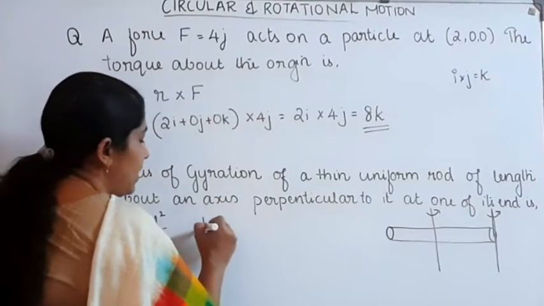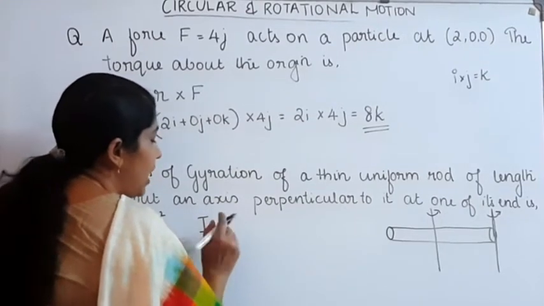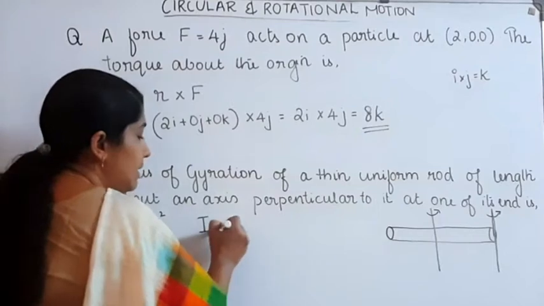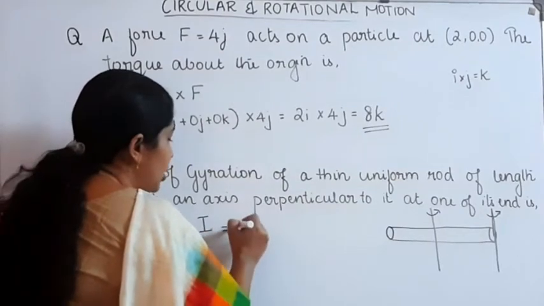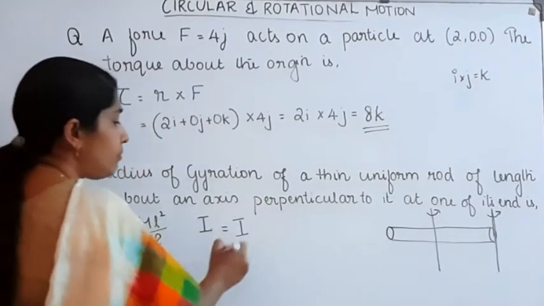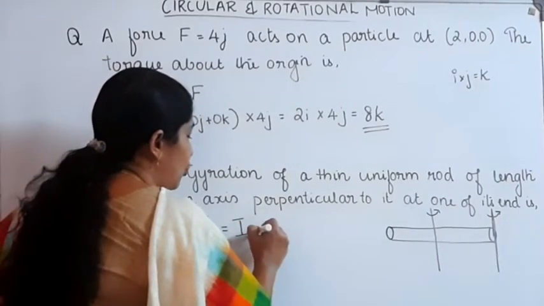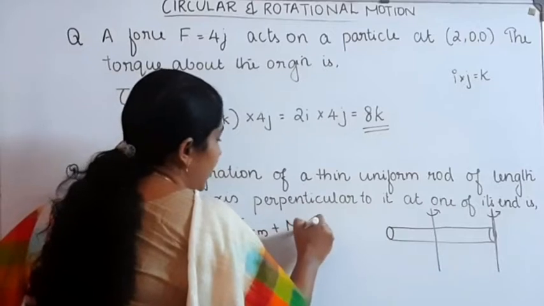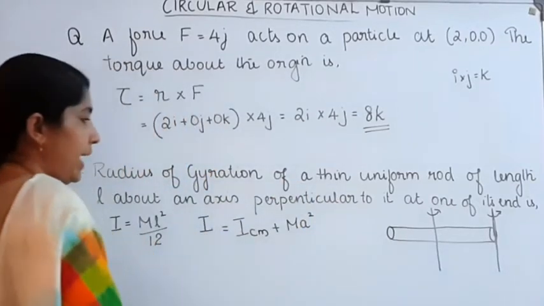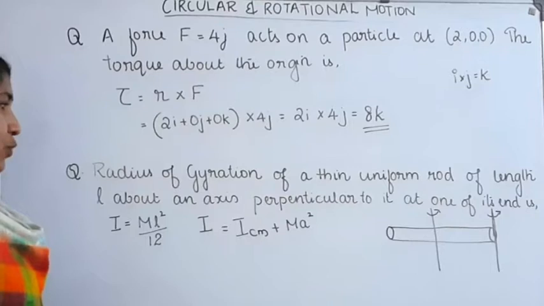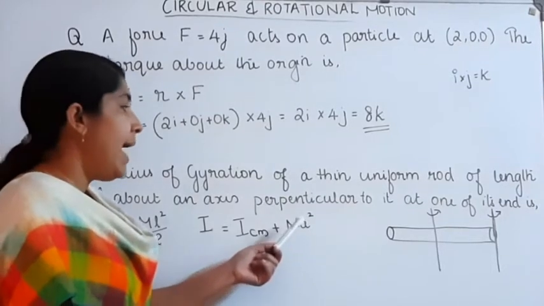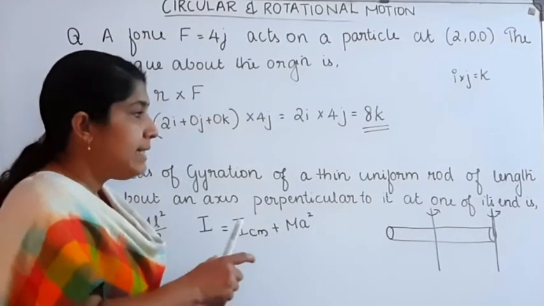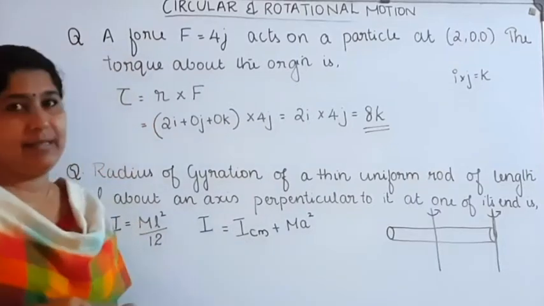The parallel axis theorem states that the moment of inertia about any axis is equal to the moment of inertia about an axis passing through the center of mass plus M A square: I equals ICM plus MA square. M is the mass of the body, here the rod, and A is the distance between the two axes.